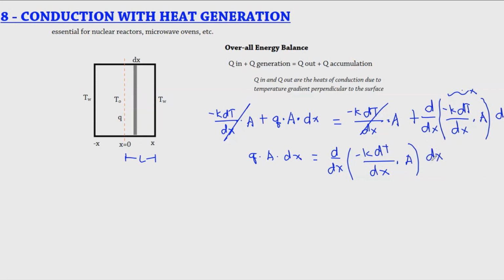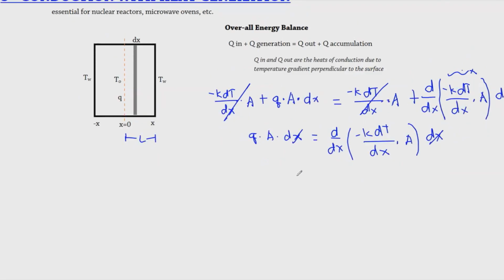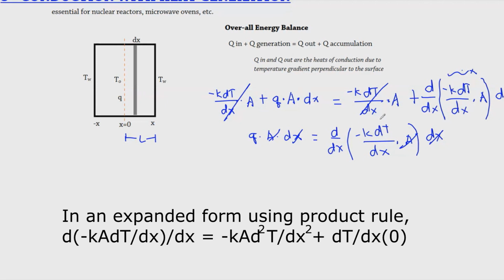Now we can also cancel dx out since they're just multipliers of our terms here, and now we're left with negative k dt over dx times a. We can also cancel out a since the expression here would only mean that we need to differentiate this with respect to x. In this case, k is a constant as well.